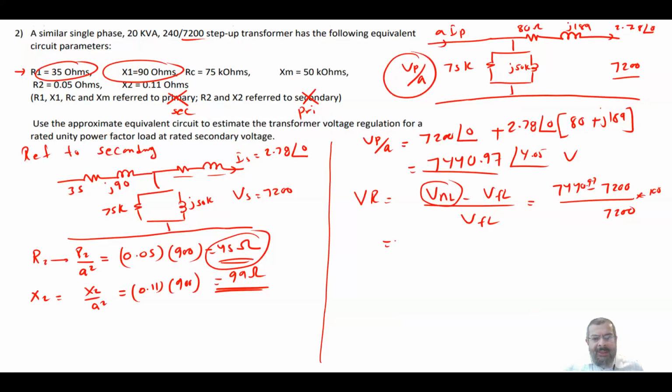This will give me exactly the same 3.35%. So it doesn't really matter which model you use, you will get exactly the same voltage regulation. And if you want to find the efficiency, again, you will find the same value.